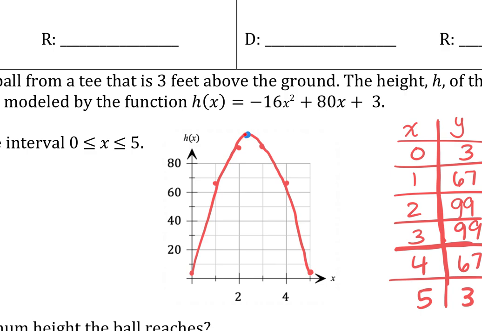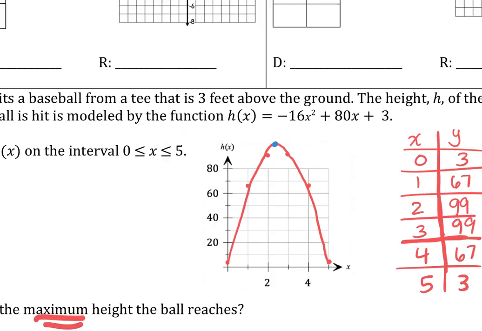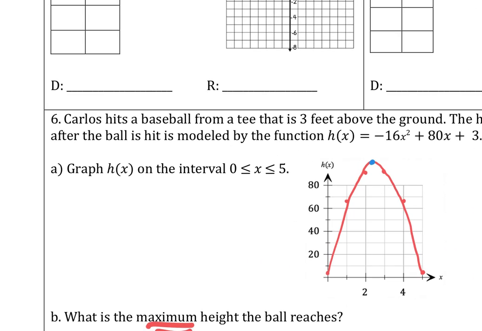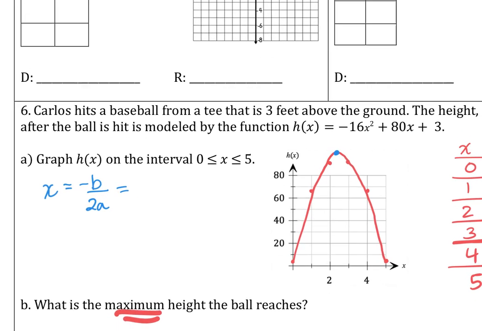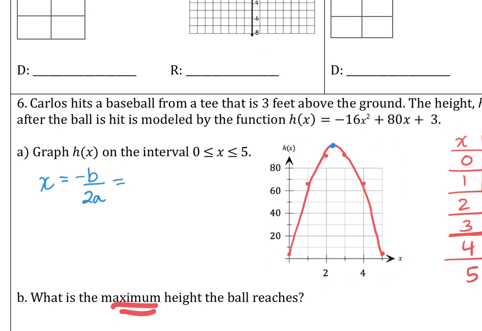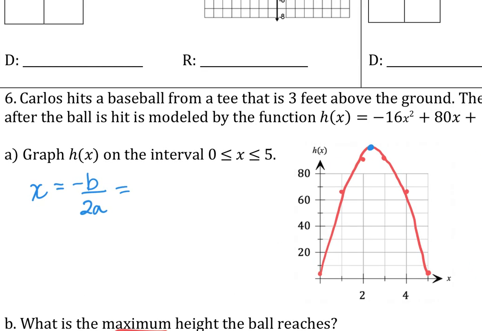We're having to figure out what is this highest point of our quadratic. So we will use our formula to find the x value of that because of the axis of symmetry. So we'll do the opposite of b over 2a. In our quadratic, our b value is 80, so we're going to do the opposite of that.